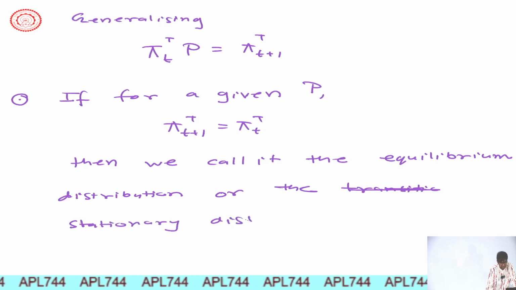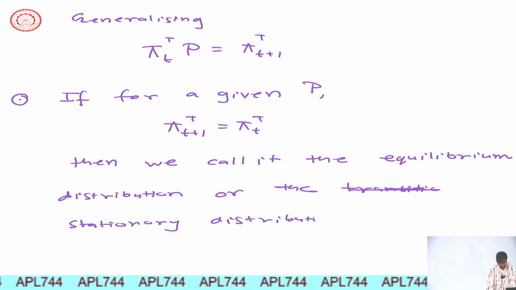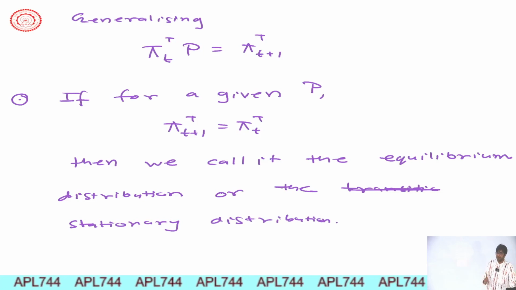And if that happens, even if you are sampling at different times, your distribution remains the same, which means all the samples are from the same distribution, and all of those samples can be used to represent a distribution.